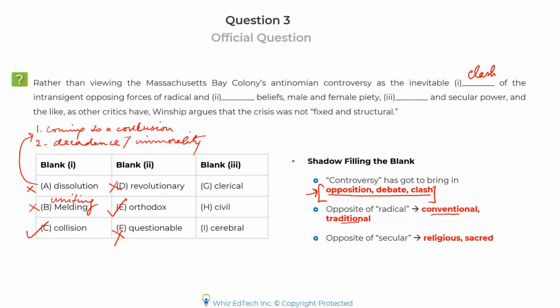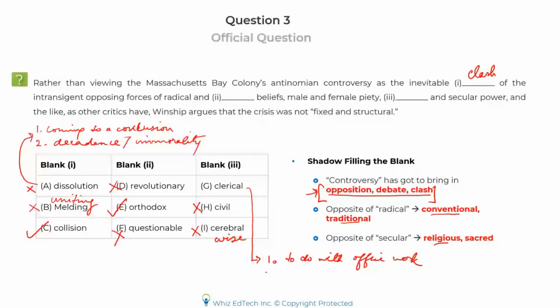Now, a lot of you were between C and H. So let's understand what is religious, what is not religious. Civil does not have anything to do with religious. Cerebral means wise, intelligent. Again, nothing to do with this. Now, if we look at the word clerical, guys, one meaning of clerical is to do with office work, and this is something a lot of us know.